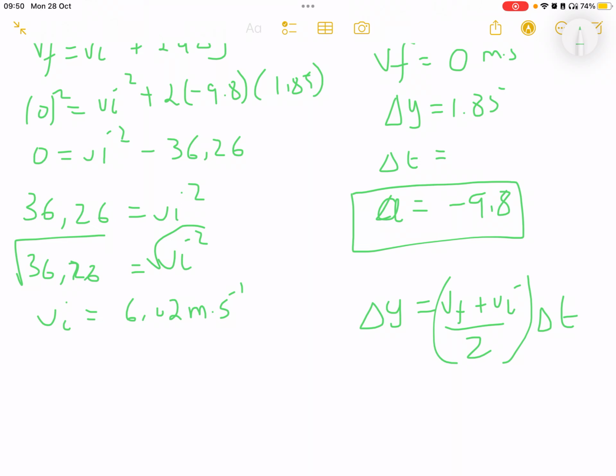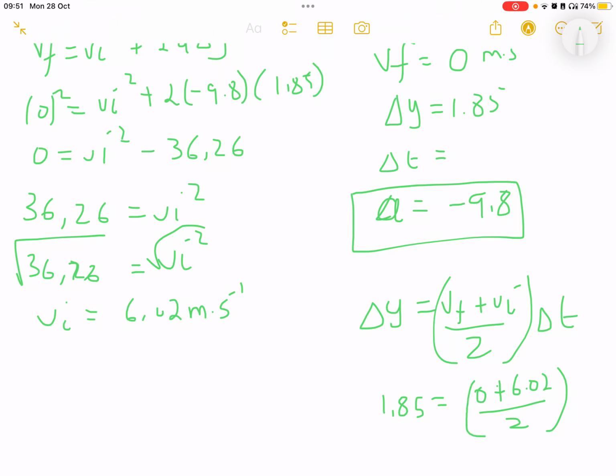Now, our delta y is 1.85, and our V final 0, and our Vi, which was calculated to be 6.02, all over 2.